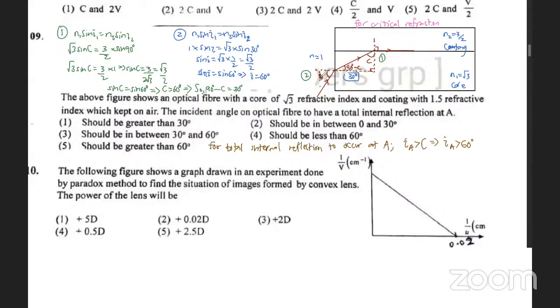When this is less than 60, this is less than 30, because I can write an equation. Now when this is 30, this is 60. So if you want this angle to become less than 30, then you want this angle to become less than 60.